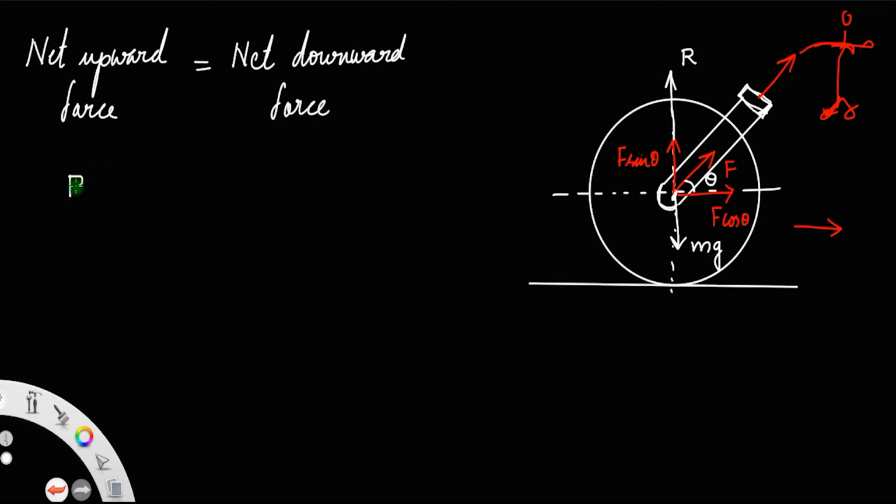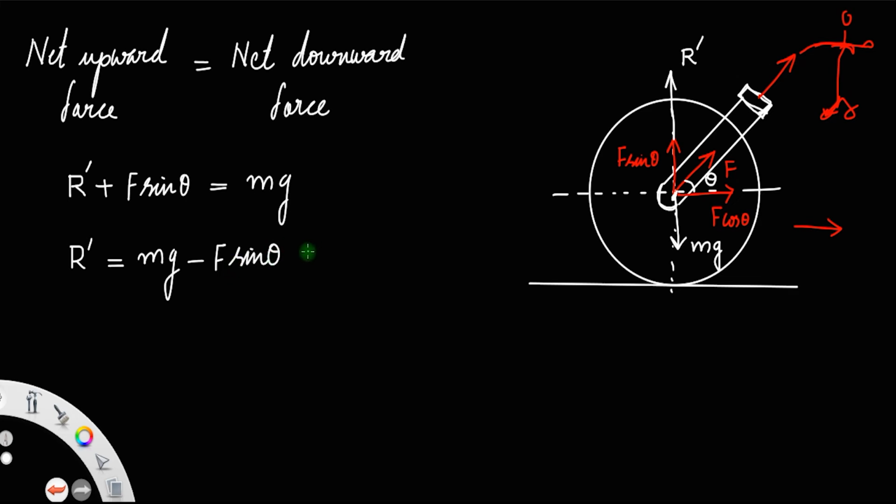That is the reaction plus F sin theta, equal to the net downward force, which is mg. Let's call this R prime because we previously considered that as R. Therefore, R prime is equal to mg minus F sin theta. Let's call that equation number 2.